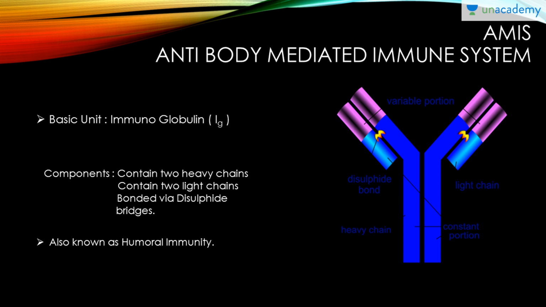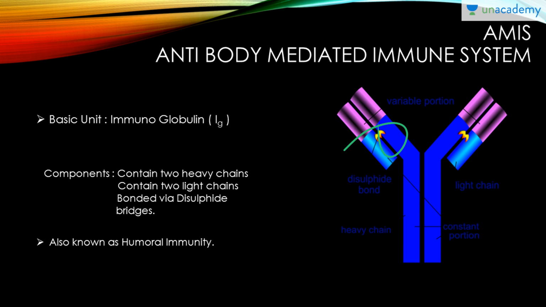Just understand the two big chains. These two big chains form the heavy chain and these two form the light chain. These are connected by disulfide bridges. Just be clear about how the diagram is labeled. I'll be discussing what is important in this in further slides.